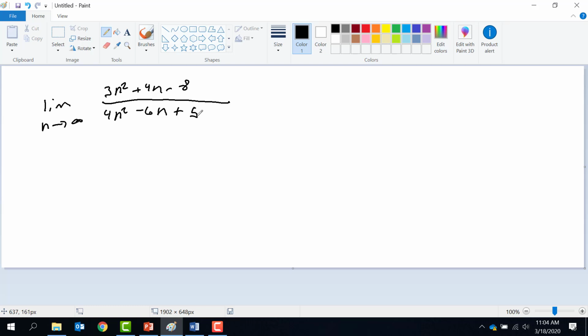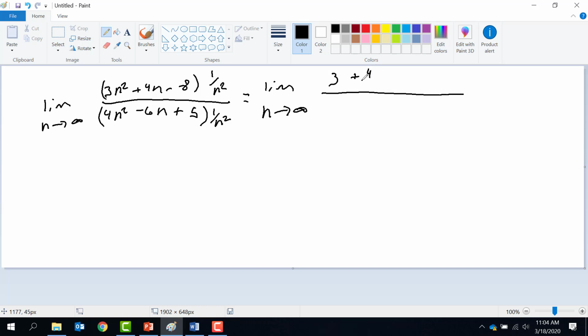The trick that we did is we multiplied the numerator and the denominator by 1 over the largest power in the denominator, so we multiplied by 1 over n squared. It was always 1 over the largest power in the denominator. Then this becomes the limit as n goes off to infinity of 3 plus 4 over n minus 8 over n squared, and in the denominator 4 minus 6 over n plus 5 over n squared.